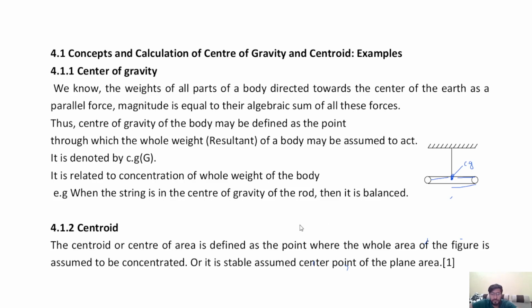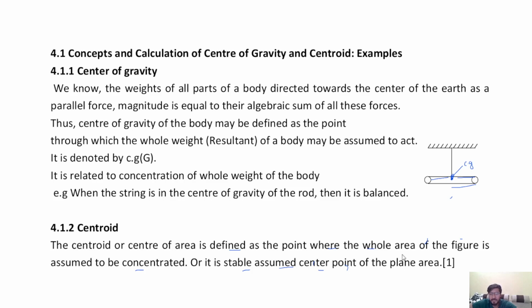Whereas the centroid or center of area is defined as the point where the whole area of the figure is assumed to be concentrated, or the assumed center point of the plane area.